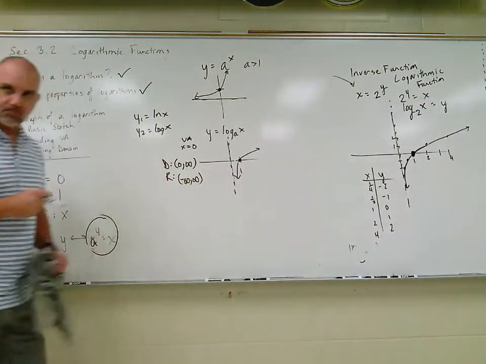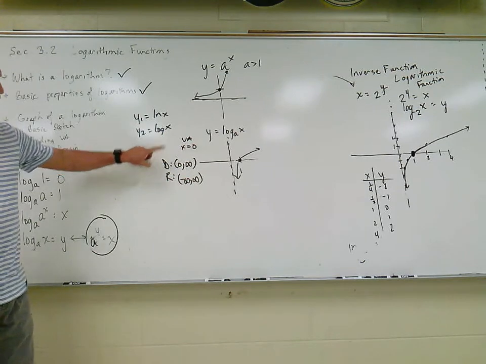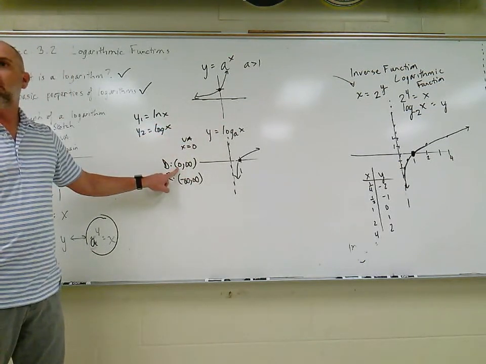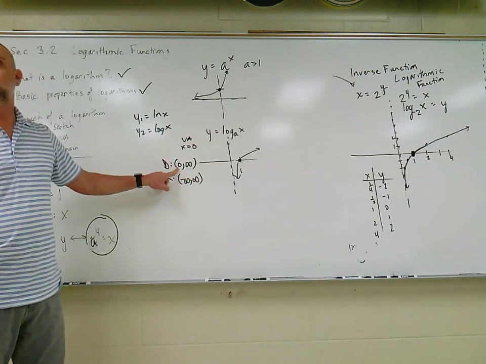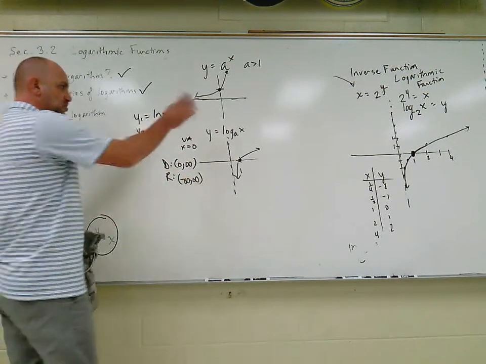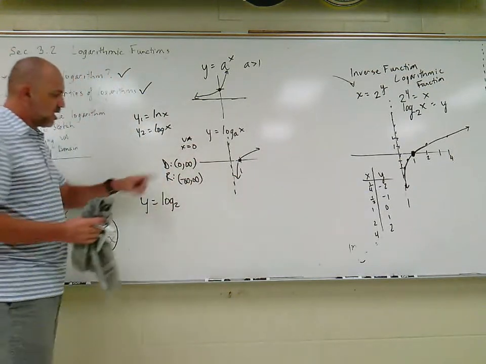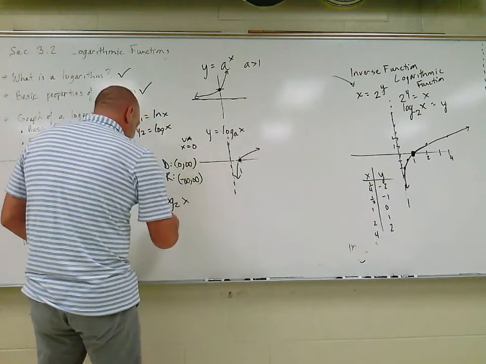So let's talk about that. What you're telling me is, if I have a logarithm, I cannot plug in 0. You could try, but you shouldn't be able to, so let's understand why. Let's say this is your log base 2, and 0 should not be in the domain.